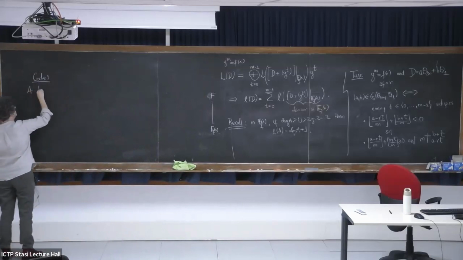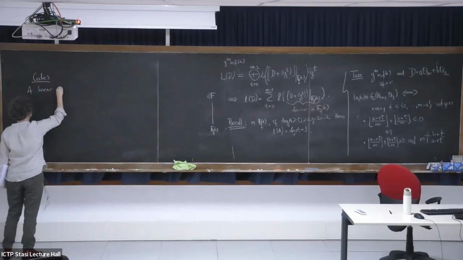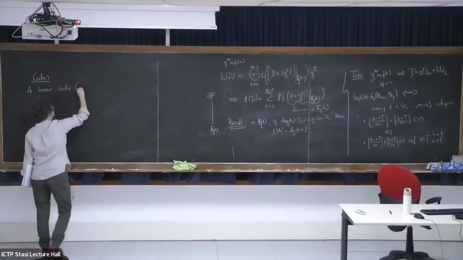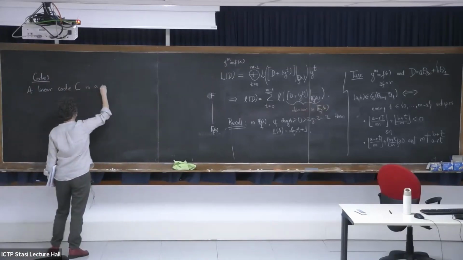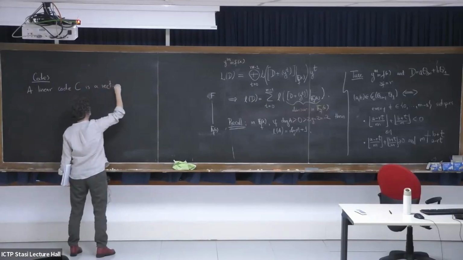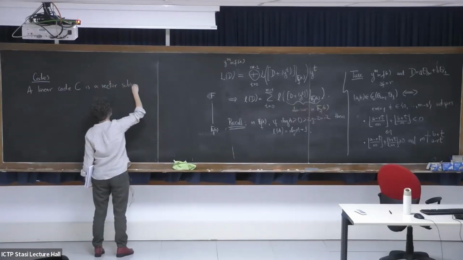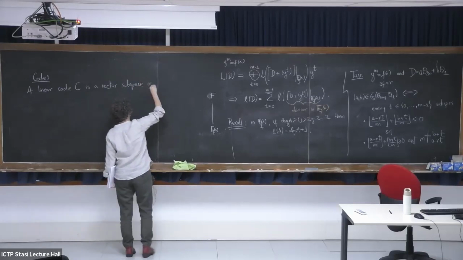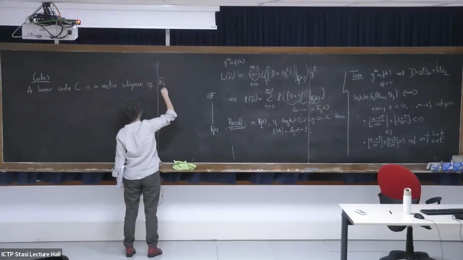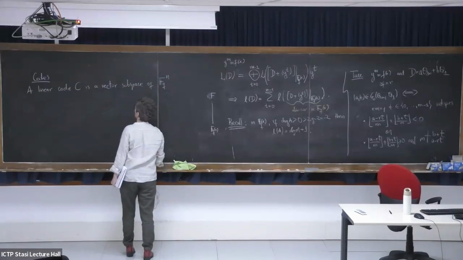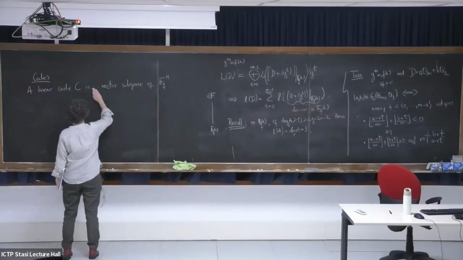Well, a linear code is a vector subspace of F_q to the n.